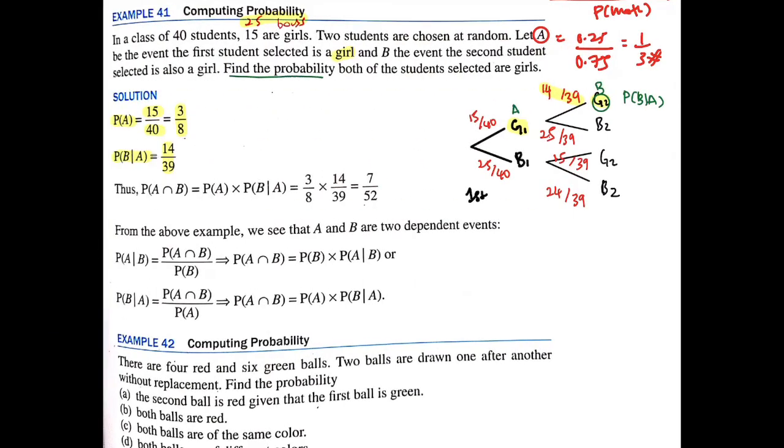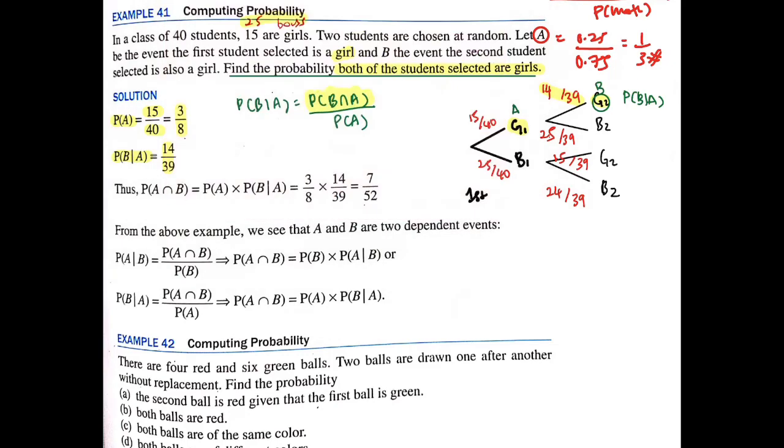The question says find the probability that both of the selected students are girls. So let's open up the formula. P(B given A) is equal to P(B ∩ A) over P(A). So the probability that both selected are girls means we want to find this part here, P(B ∩ A).